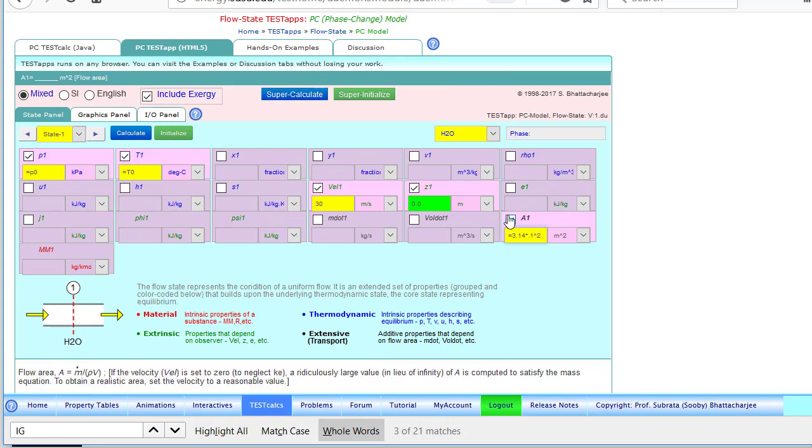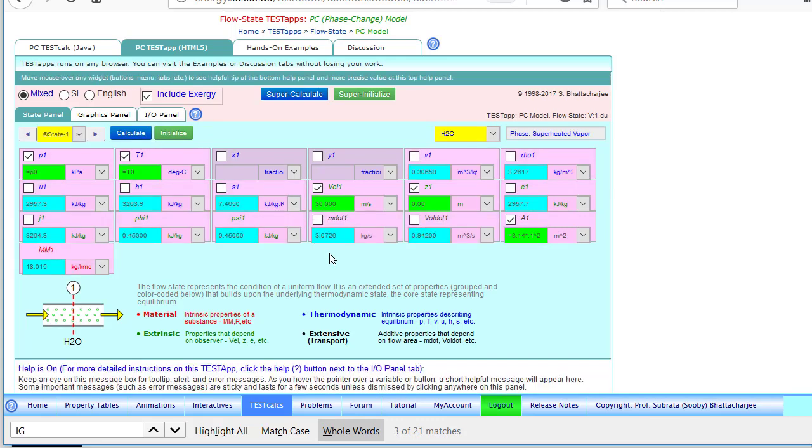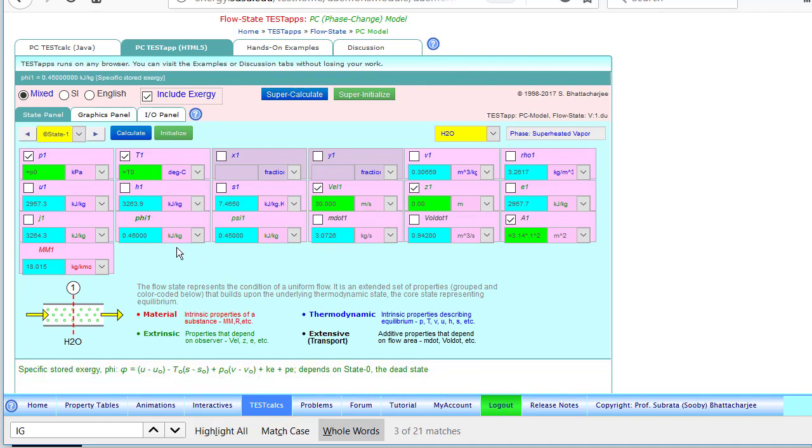squared. Alright, and then we have all our values entered, so we hit calculate, and you get your m dot 1, which is about 3.07 kilograms per second, which is the answer to part A for the rate of transport of mass. Now the next part asks for rate of transport of kinetic energy, which there's two ways to solve that.